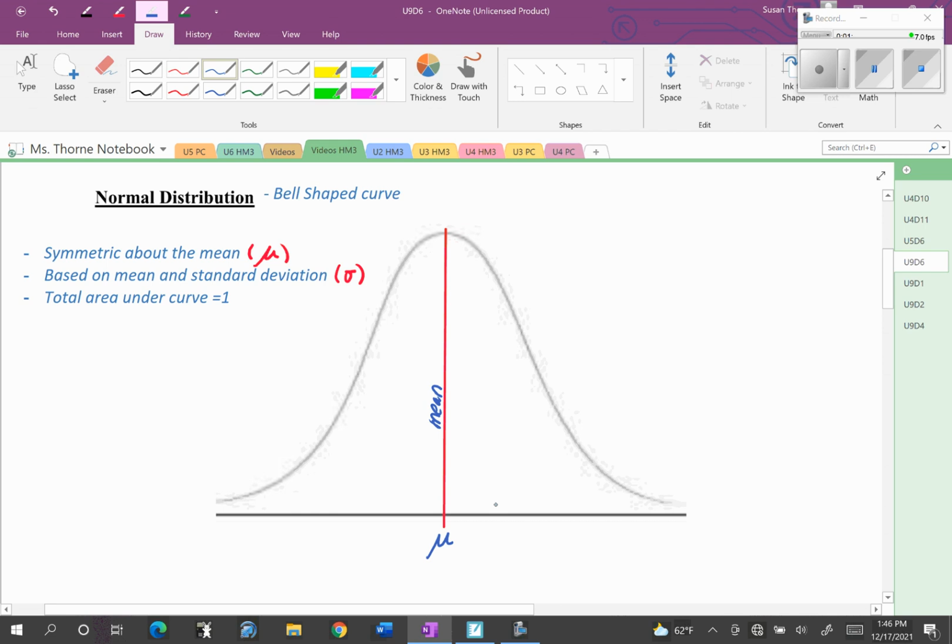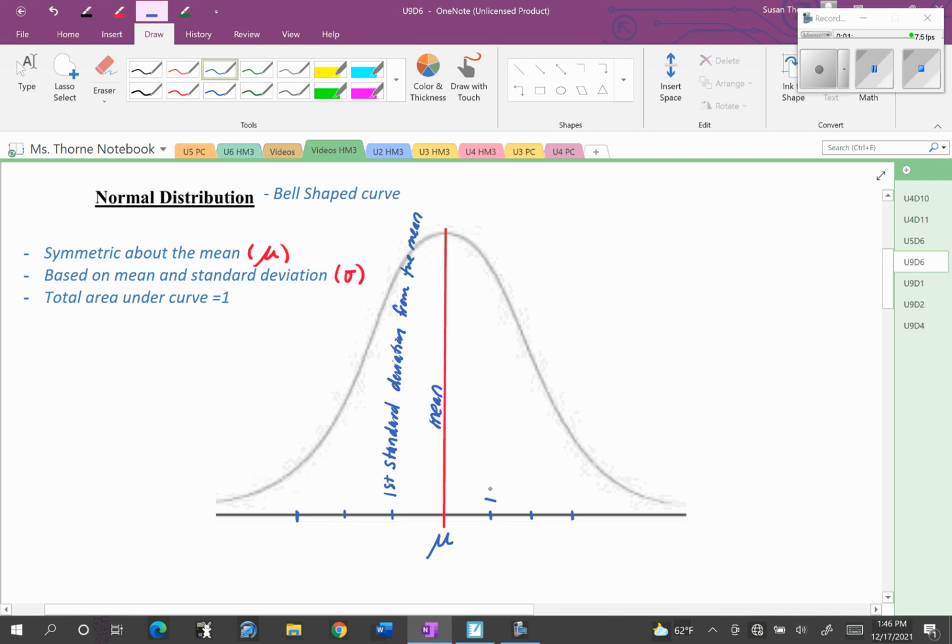And so what this says is that if we were to draw some lines down here, that this first one is the first standard deviation from the mean. And we've learned about standard deviation in prior math courses.